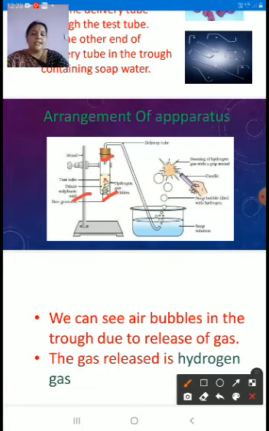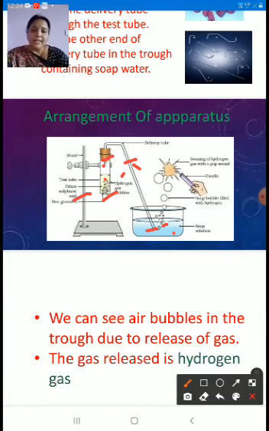And we are closing the test tube using the rubber cork. In this rubber cork we have passed the delivery tube. One end of the delivery tube is in the test tube and the other end is in the beaker containing soap water. So this is the arrangement.